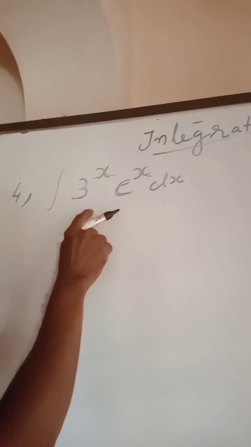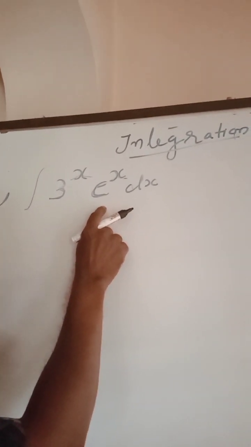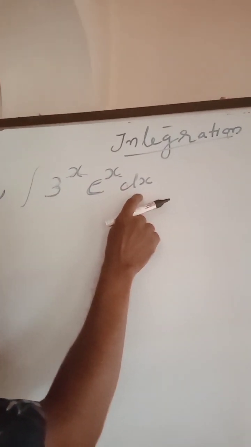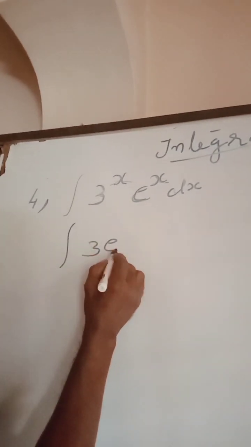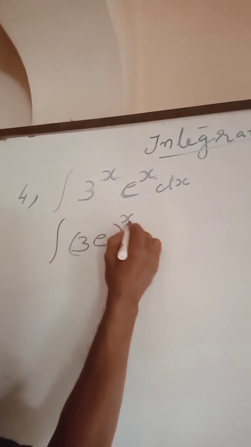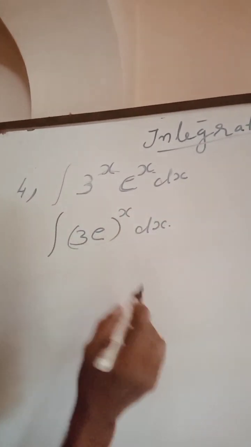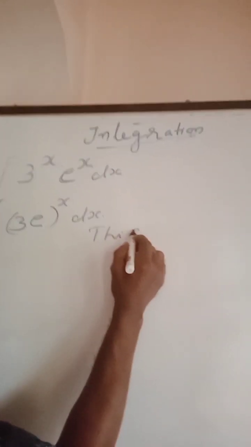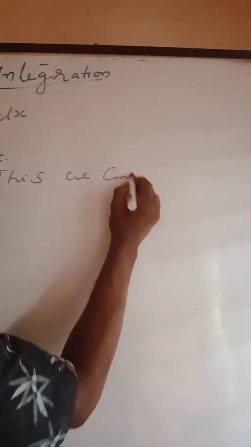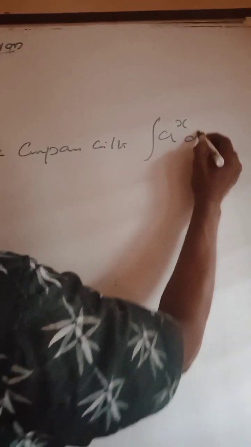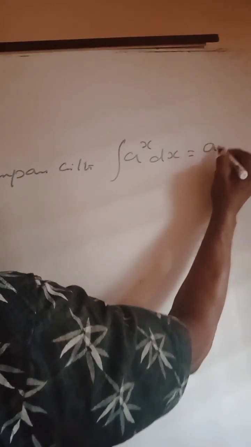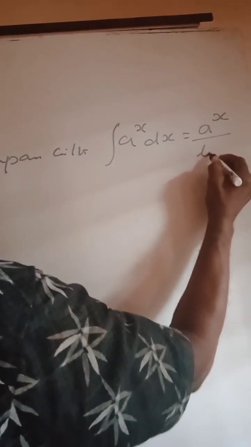Fourth question is integration of 3 raised to x into e raised to x dx. This also we can write as integration of (3e) raised to x dx. This we can compare with integration of a raised to x dx is equal to a raised to x divided by log a.